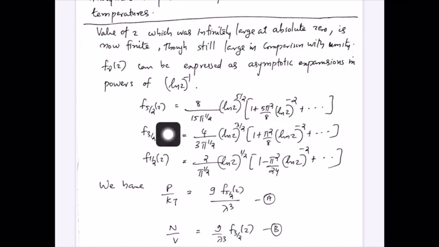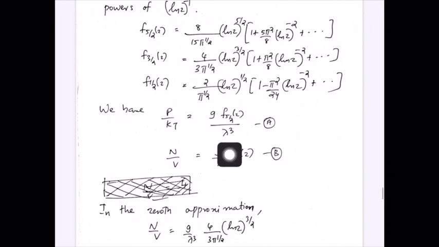So f5 by 2 of Z is this, f3 by 2 of Z is this, f half of Z is this. And we have these two equations with us: P by kT equals g over lambda cubed f5 by 2 of Z, and N by V equals g by lambda cubed f3 by 2 of Z, the two fundamental equations of the ideal Fermi gas.